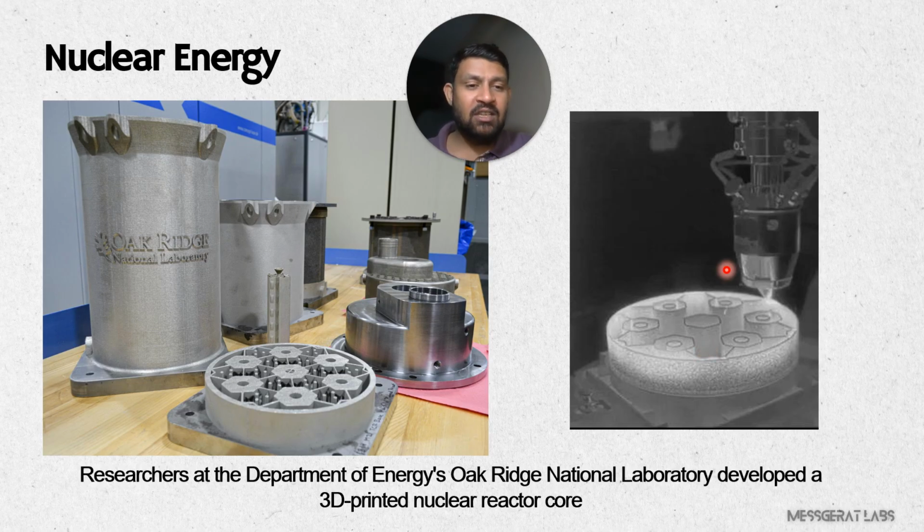What you are seeing on your right hand side is X-ray imaging happening in situ while the process is going on. This part is being made through the laser DED process, directed energy deposition, where the laser head provides powder particles and melts them at the same time, laying them as per the CAD model. That also we have learned earlier.